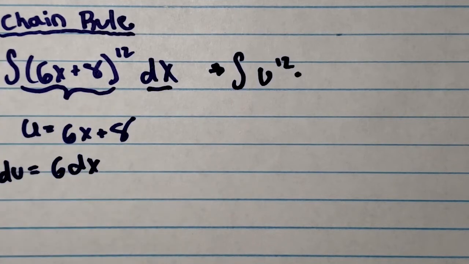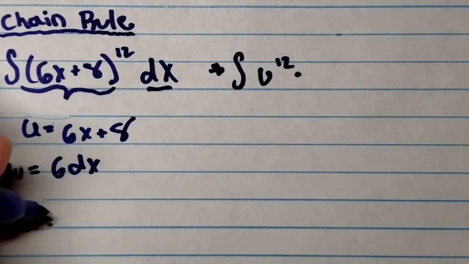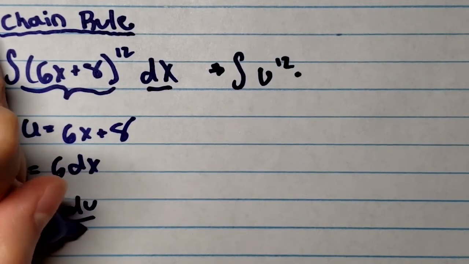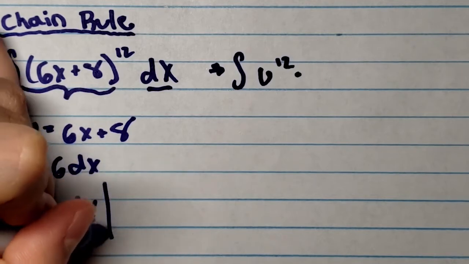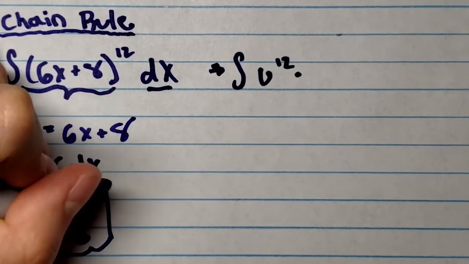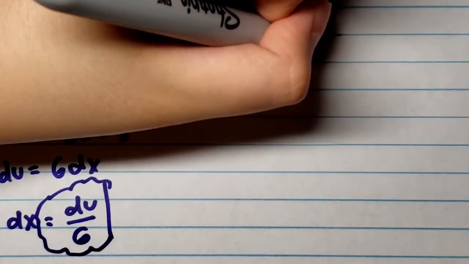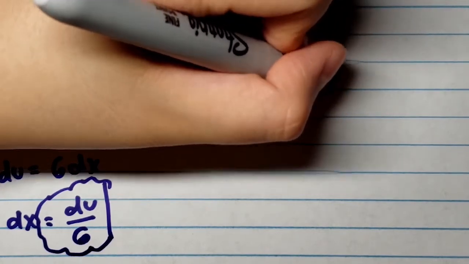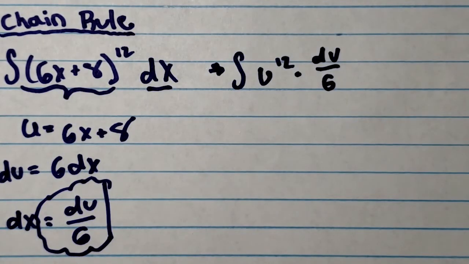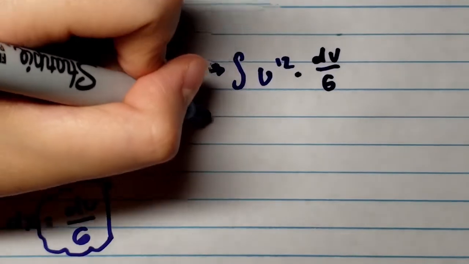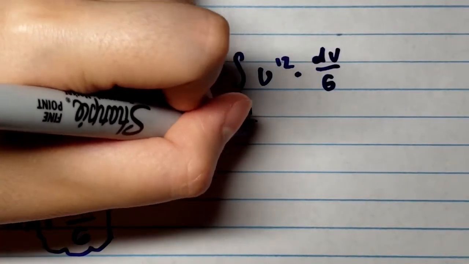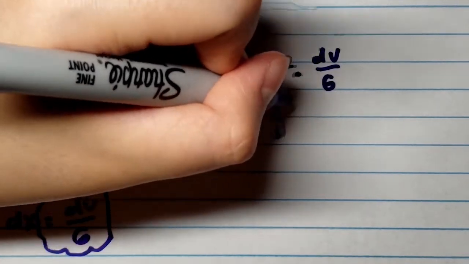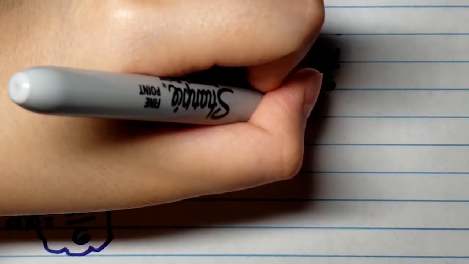Except, however, while you are substituting one, you must also substitute the other. So by solving for the derivative of u, you can find dx and substitute that into dx, to which you would get du over 6.